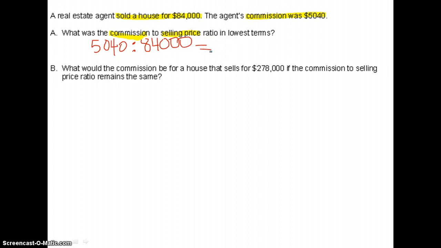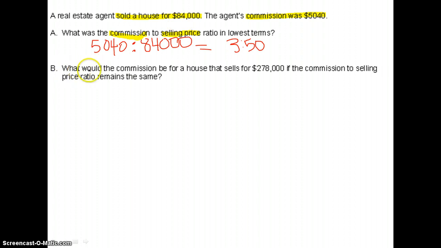So what can you reduce both of these by? And it's going to become 3 to 50 is my ratio in the lowest terms. Okay, I just divided, I took 5,040 and divided it by 84,000.